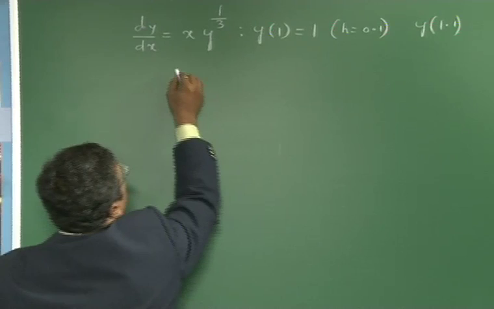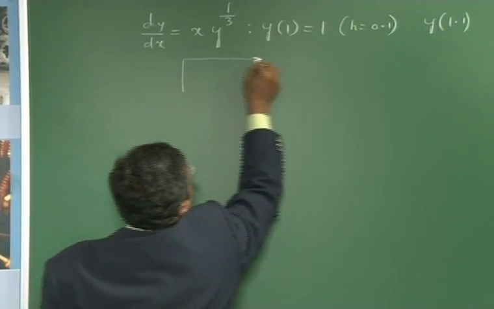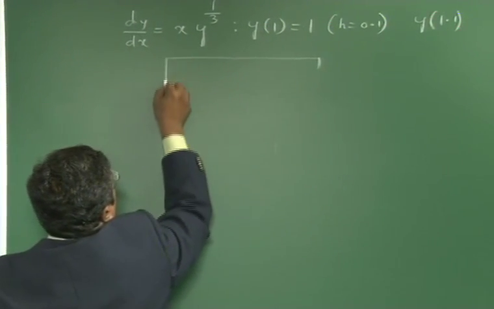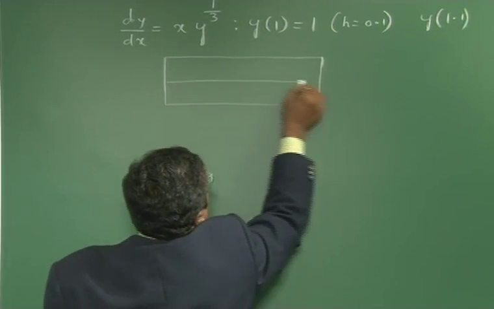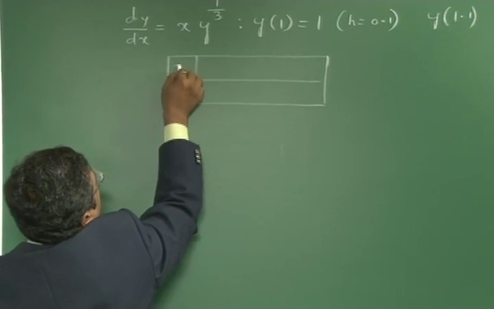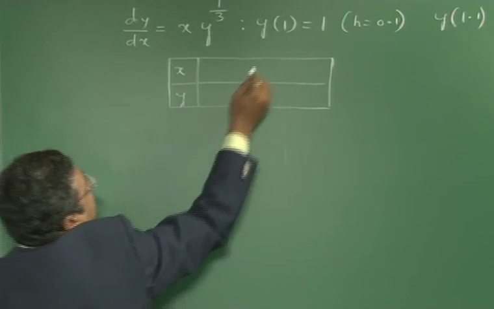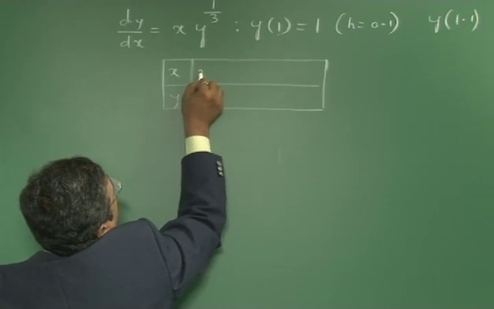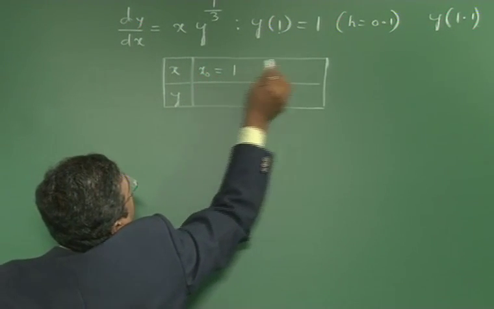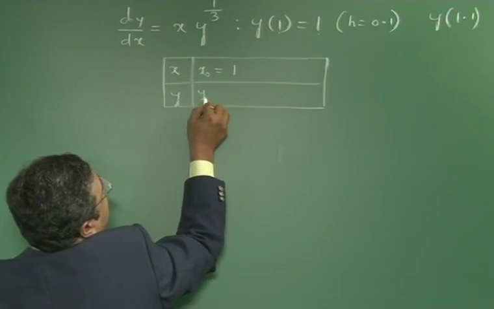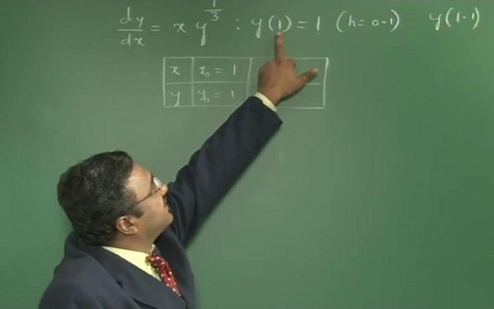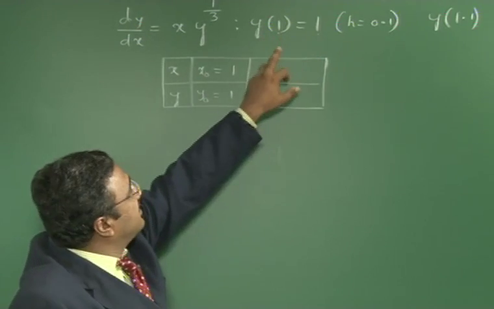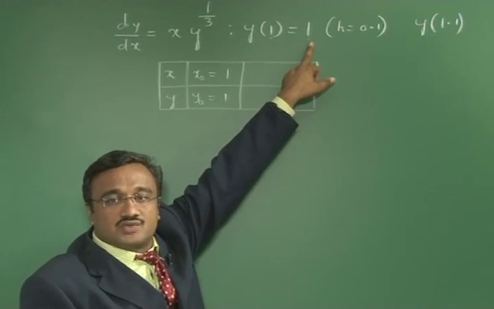So just write down the table, it will be understood well. This is the value of x and y. The initial value, this one we treat as x naught equal to 1, and the corresponding y naught is also 1. So this is the first value, x naught, then the corresponding value we treat as y naught.